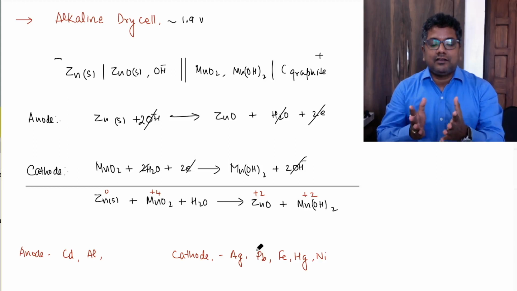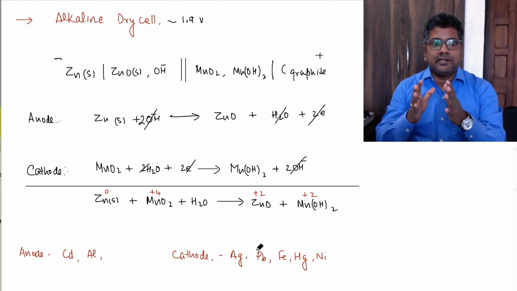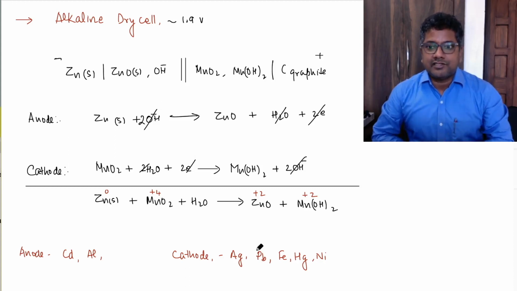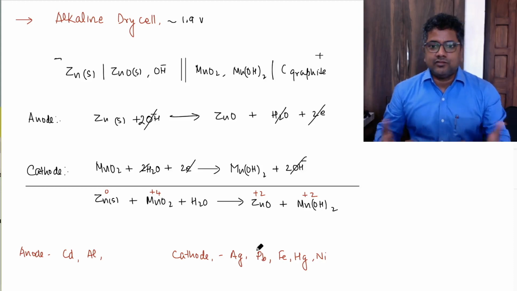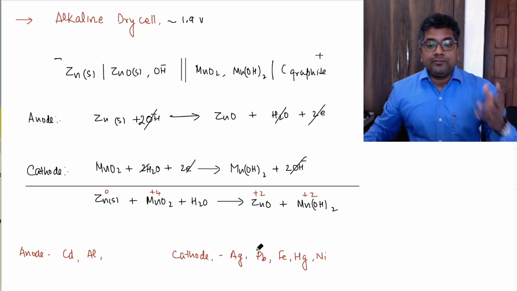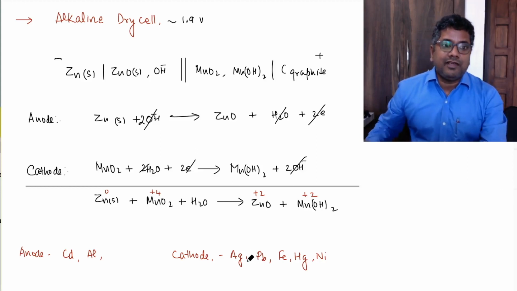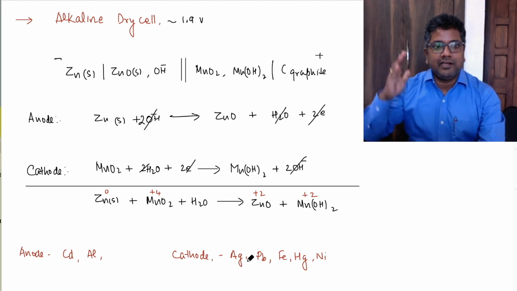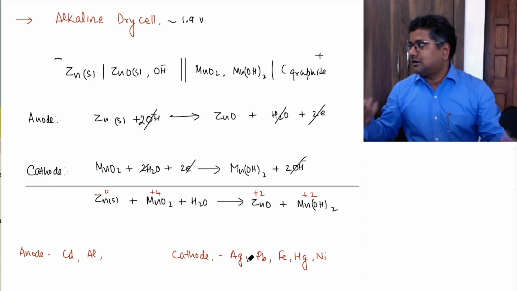Why would we use silver as a cathode? In that sense, these cells have a definite lifetime, because this is an irreversible cell. Once it discharges, you cannot use it further. So why would we use it? If the use of silver made this cell last longer, 10 years, 20 years, then we could think of that.